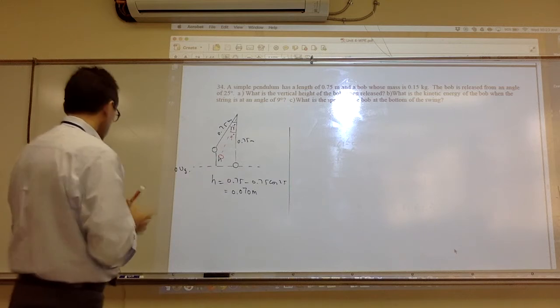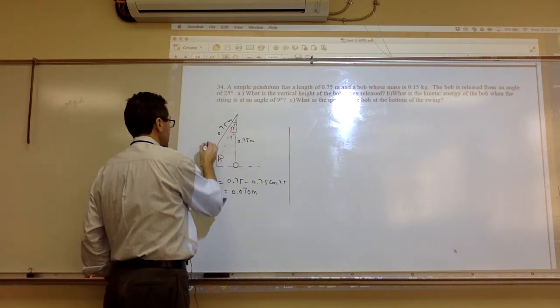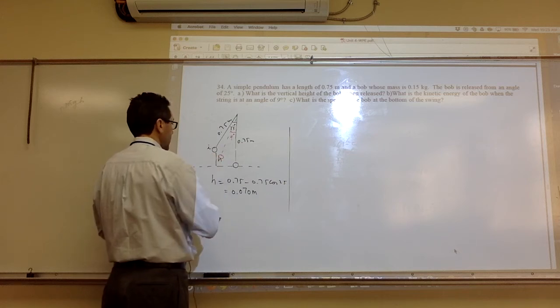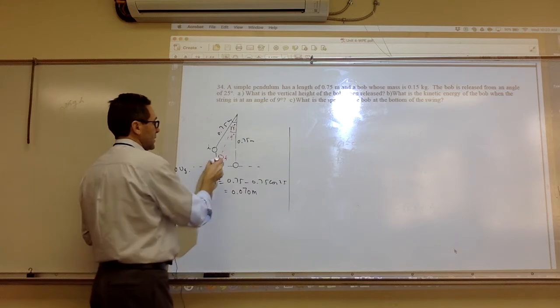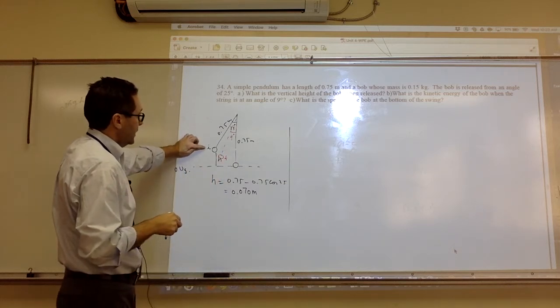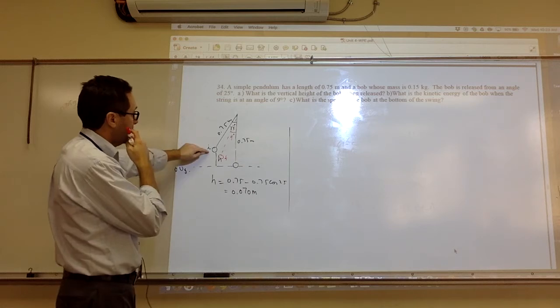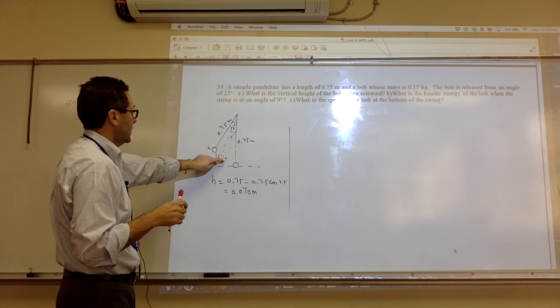So I think I'm going to pick this point here as my initial state and this point here as my final state. So I can say that the energy at the initial state plus any work done between these two states, which is 0, equals the energy at this level here.